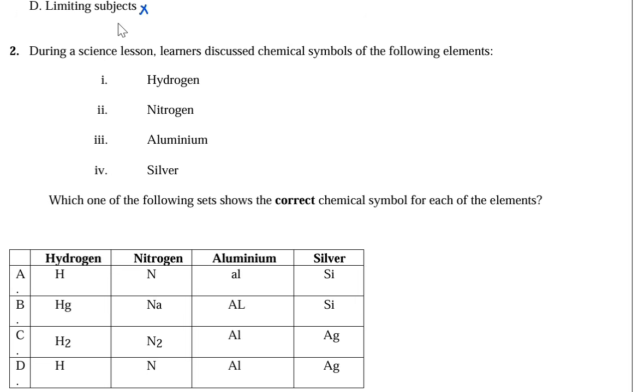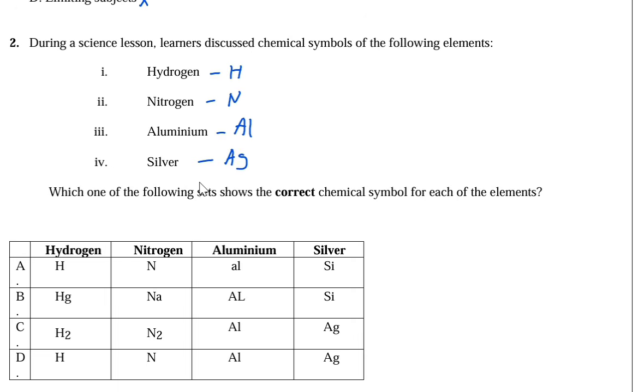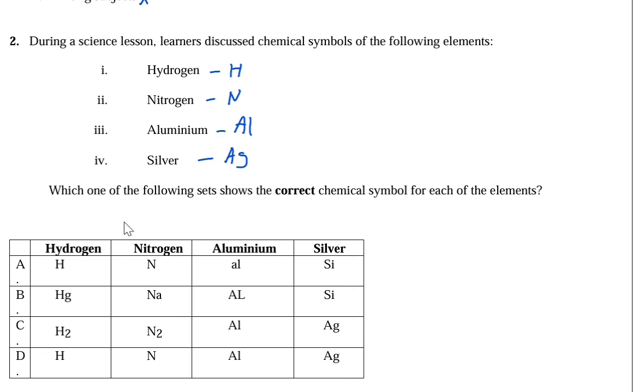To start with, we know that the symbol for hydrogen is capital H. The symbol for nitrogen is capital N. The symbol for aluminium is capital A, small l. And the symbol for silver is capital A and small g. So looking at the options, you can see here for aluminium, you have small a and small l.